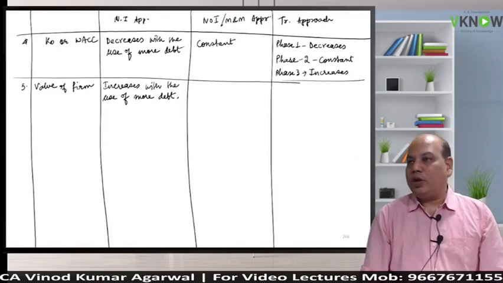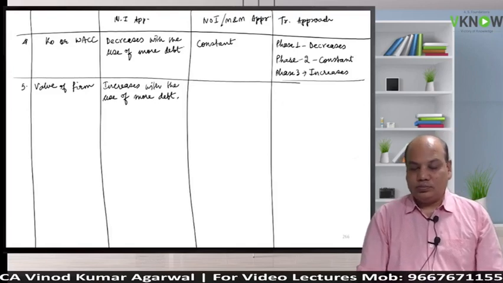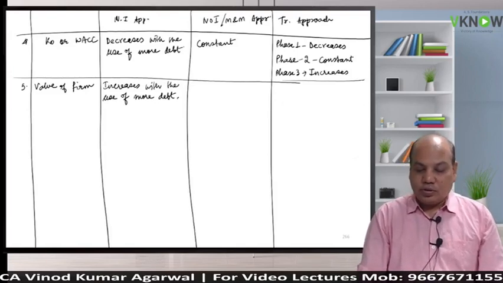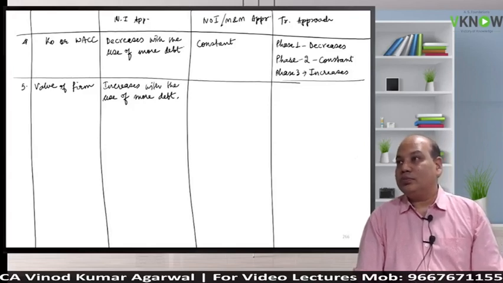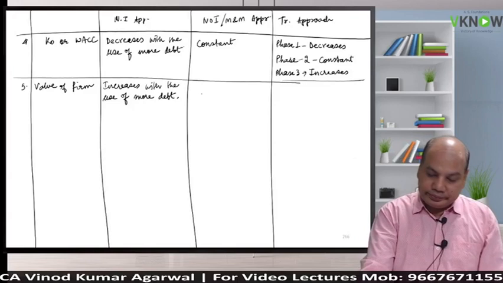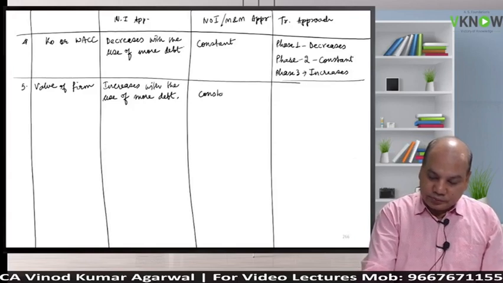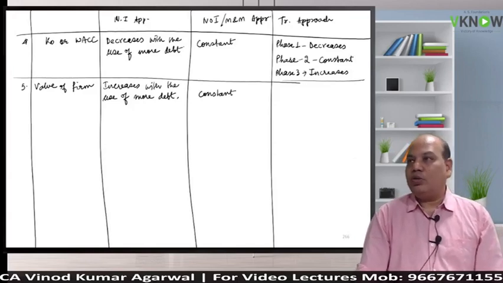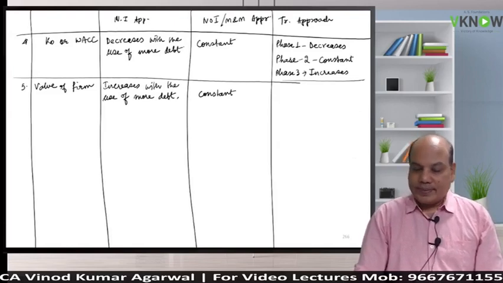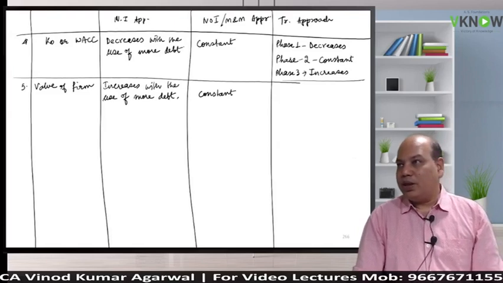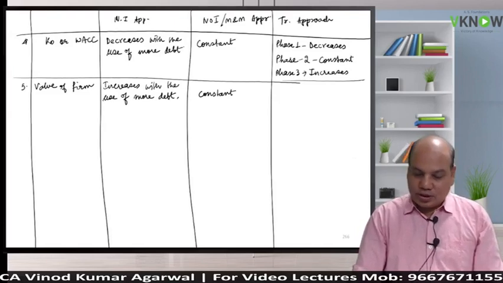Point number 4 and 5 are actually the same. 4 is saying KO decreases, which means value of the firm increases. Under NOI approach and M&M approach without tax, value of the firm remains constant.